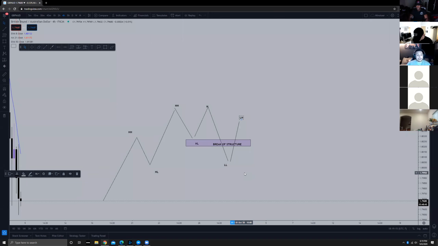A downtrend is made up of lower highs and lower lows. So as long as price continues making these lower lows, as well as these lower highs, then we are continuously in a bearish downtrend, whatever you want to call it.